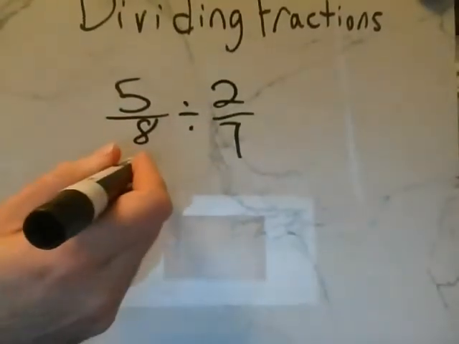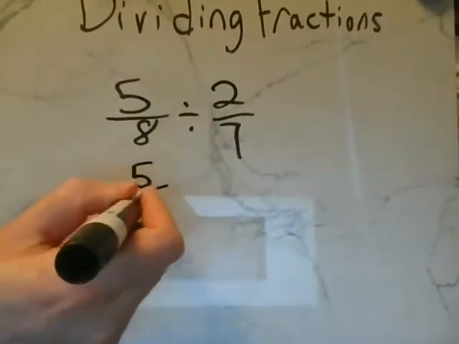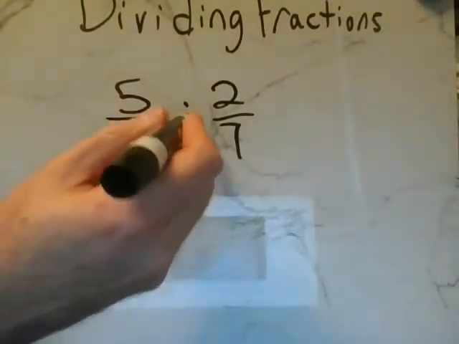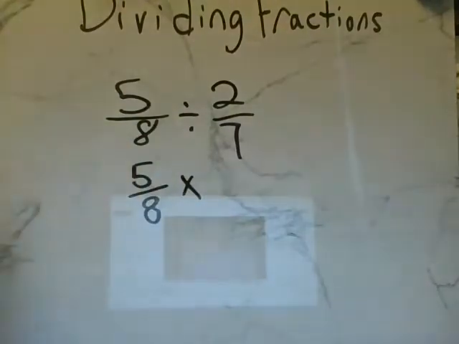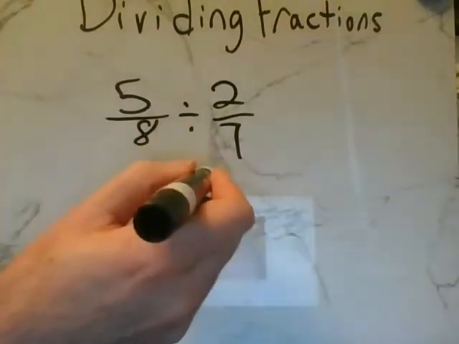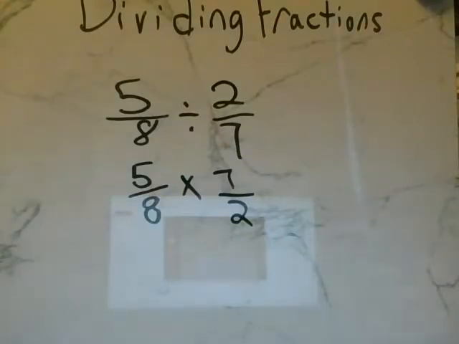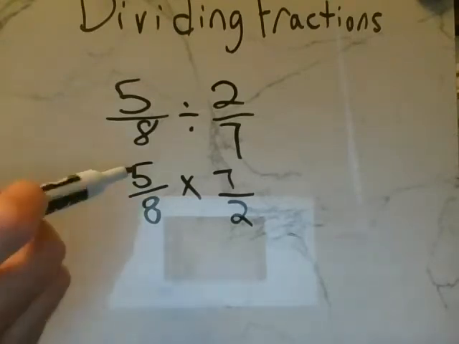Keep 5/8. Change division to multiplication. Flip your last fraction, where the numerator goes to the denominator spot and the denominator moves up to the numerator spot, your reciprocal. Then we multiply across.